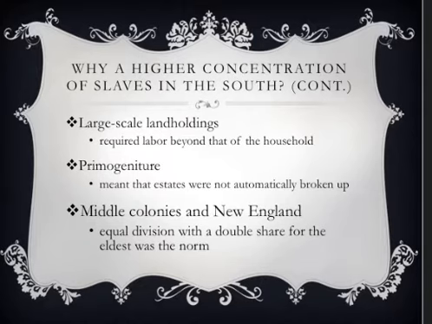All right, I talked about this previously. We also end up seeing large-scale holdings, the prevalence of large-scale land holdings at a much higher level than we do in the North and the Middle colonies. Particularly, I want you to be aware of this notion of primogeniture, meaning that your estates were not automatically broken up. Primogeniture means that your oldest son inherits the entire estate.